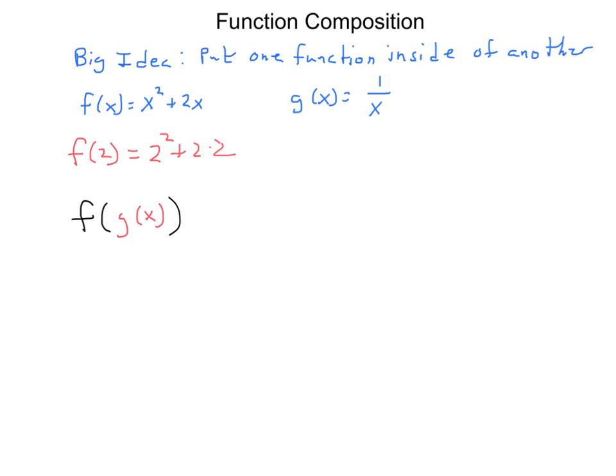So this is going to equal f of 1 over x. And so I'm going to replace the variable with 1 over x. And when I do that, I'm going to get 1 over x, that thing squared, plus 2 times the 1 over x.